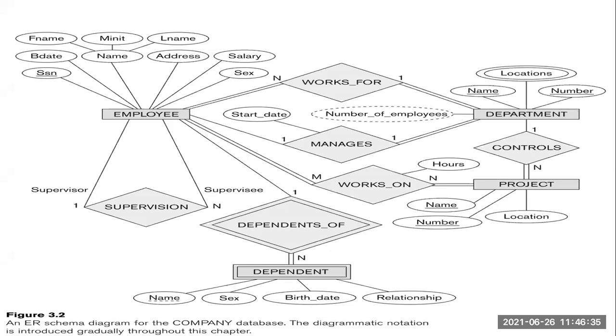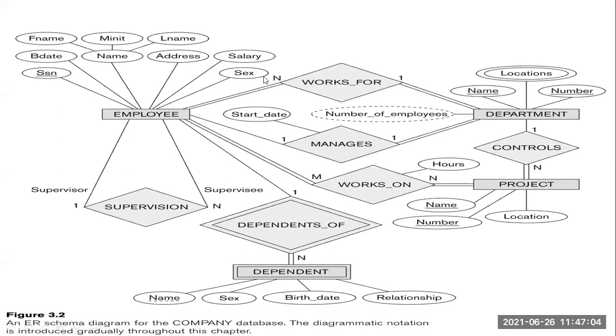And how about the weak entity? Dependent, yes, correct. So the strong entities are employee, department, and project, and dependent is the weak entity. So three strong entities are there with us. And why are these the strong entities? Because every entity has a primary key.